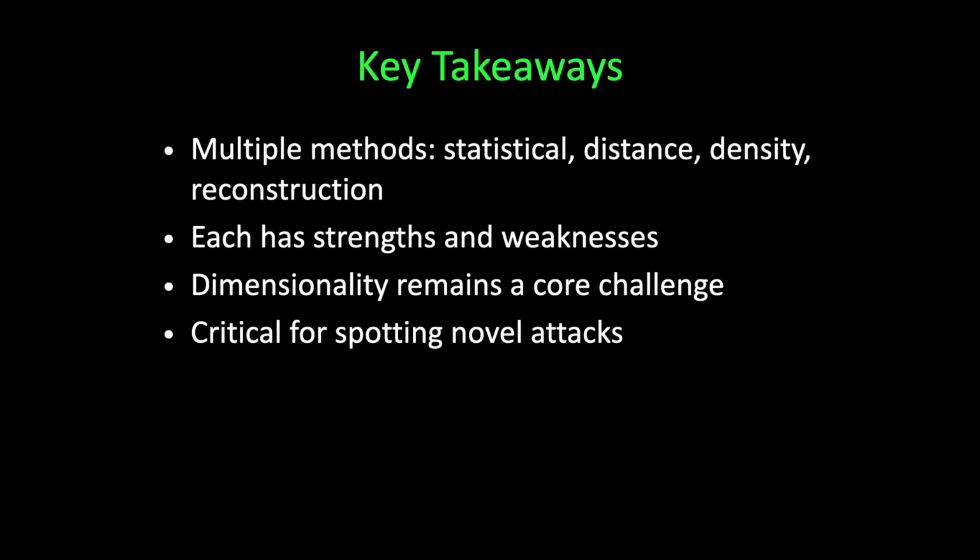Each method has its strengths. Statistical methods are simple and interpretable. Distance-based methods are intuitive. Density-based methods capture local patterns. Reconstruction-based methods shine in high-dimensional data. But each method can also have weaknesses, from reliance on assumptions to computational cost, parameter sensitivity, and vulnerability to the curse of dimensionality.